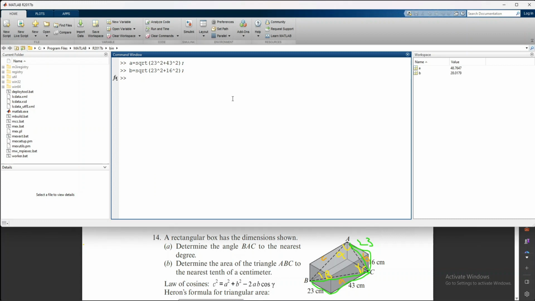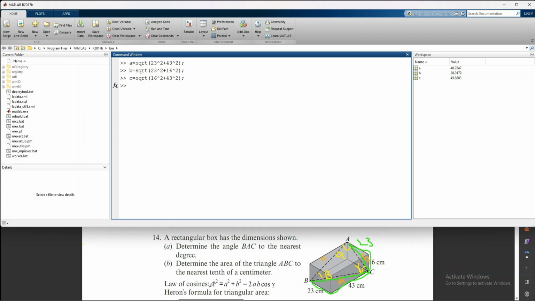The answer is 28.01. And similarly for c we have 16 and 43: sqrt of 16 square plus 43 square, bracket close, semicolon. The a, b and c we have found.